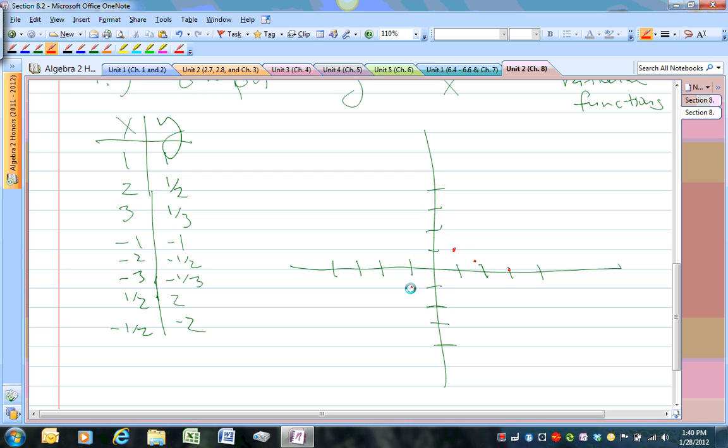Negative 1, negative 1, right here. Negative 2, negative half, right there. Negative 3, negative third, right there. Half, comma 2, probably there. Negative half, negative 2, here. So it seems as though it's a curve. And the curve will kind of go like this.